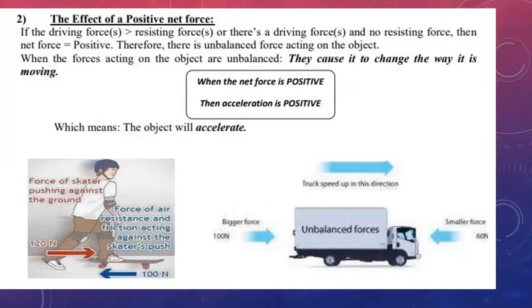The second effect of the net force is this effect of positive net force. Let me say, we suppose the motive force direction is a positive direction, and the resisting forces is negative direction.